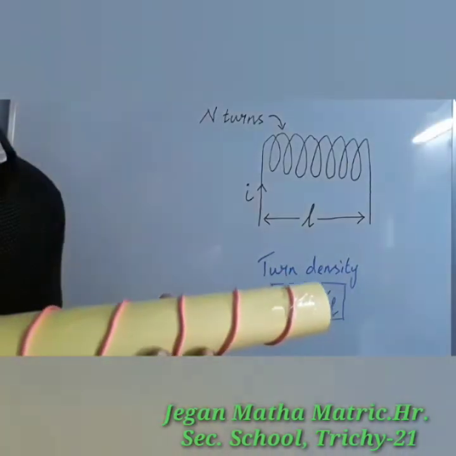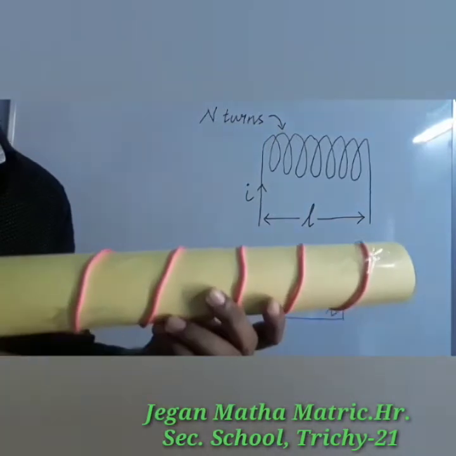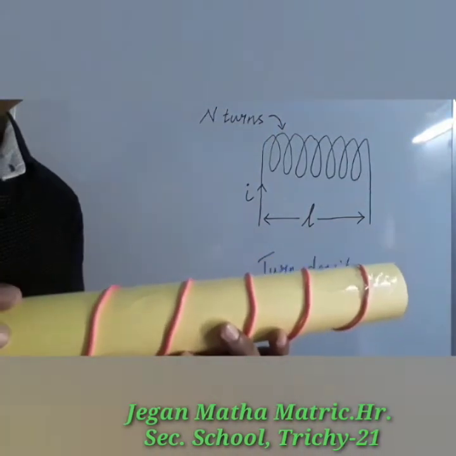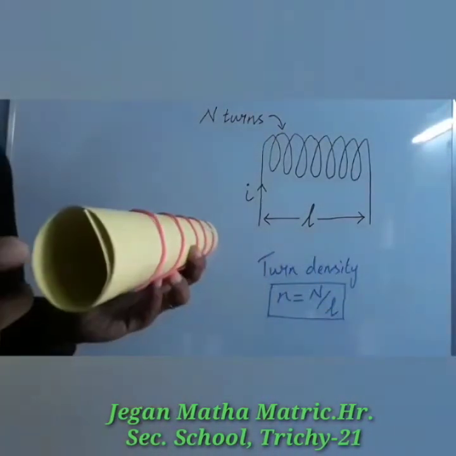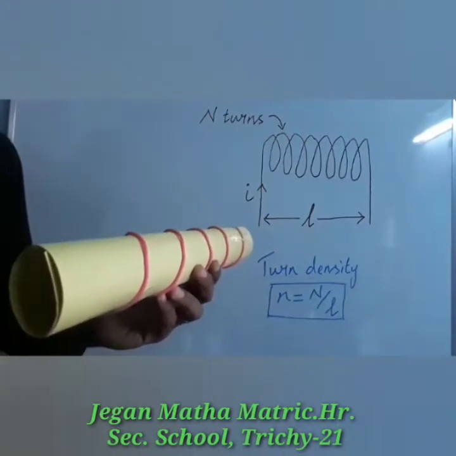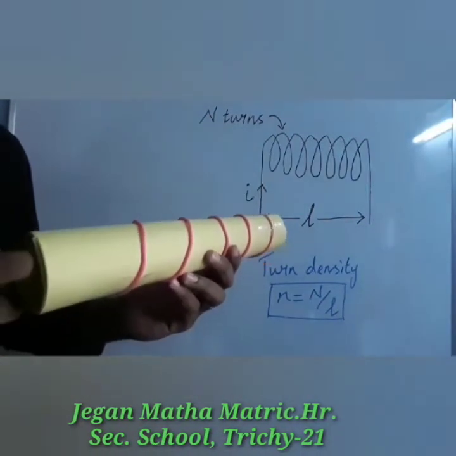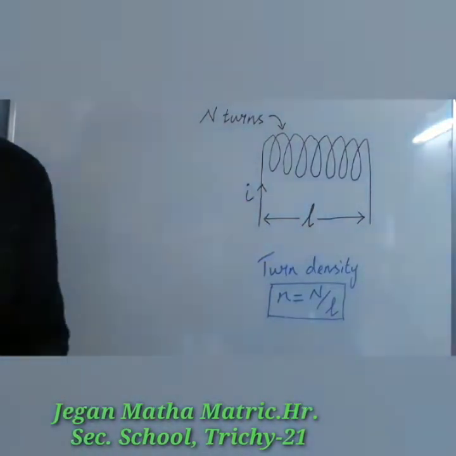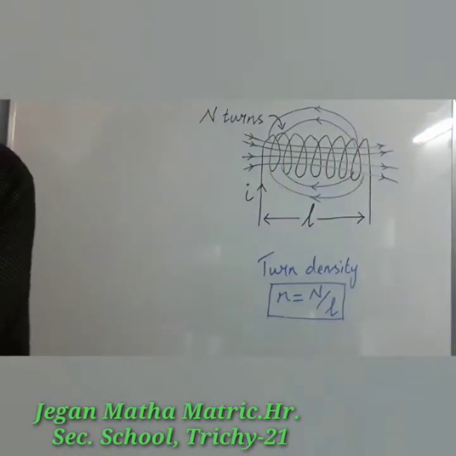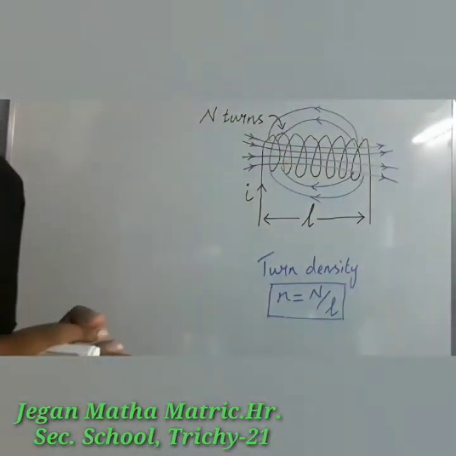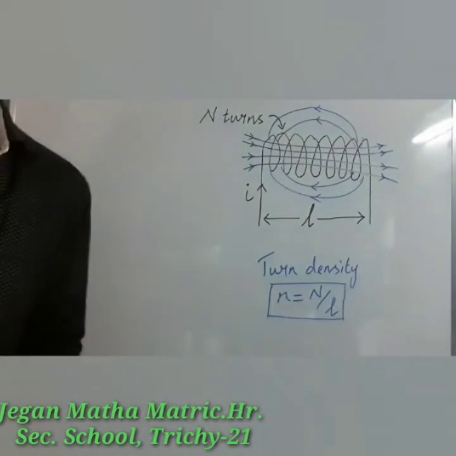When an electric current I is passed through the solenoid, the magnetic field produced inside is almost uniform and it is directed along the axis of the solenoid. The magnetic field lines are represented in this diagram.